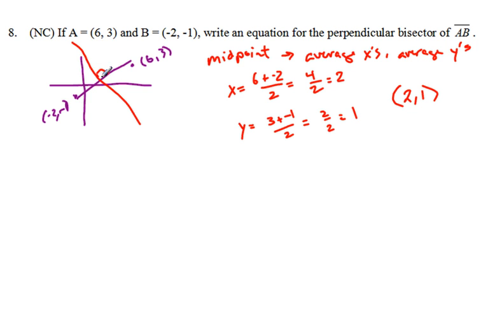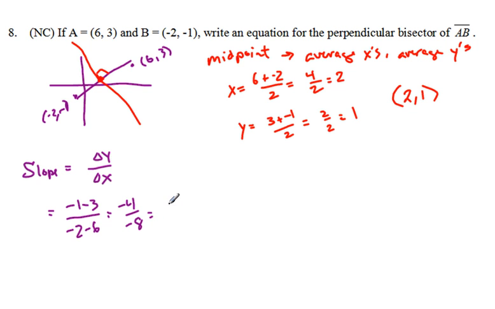All right, and that makes sense. Even on my rough sketch here, it looks like 2, 1. Now the next thing I'm going to do is actually find the slope of the purple line and then find the one that's perpendicular to it. So our slope, recall, is the change in y over the change in x. So we're going to start off with -1 minus 3 over -2 minus 6 to get -4 over -8, or 1/2.